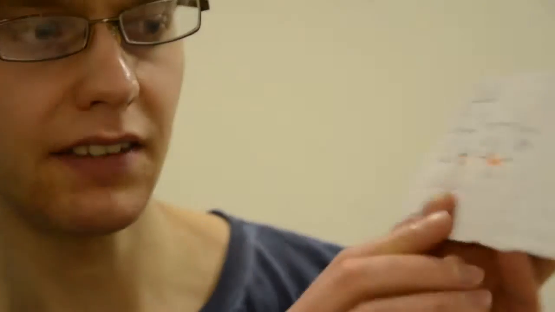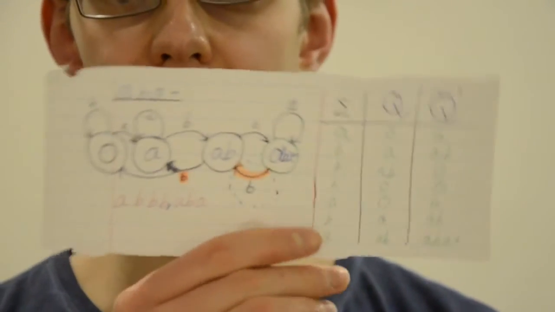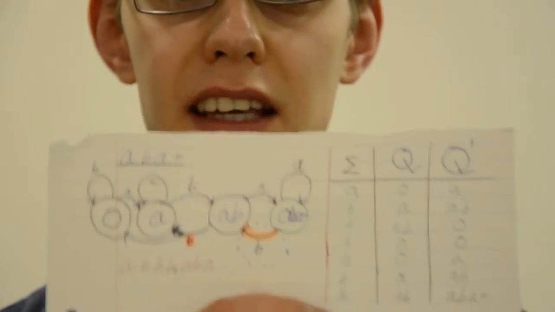And as you can see, I've highlighted B there because this is quite interesting, because without this, the deterministic finite automata would just be modelling the naive method.